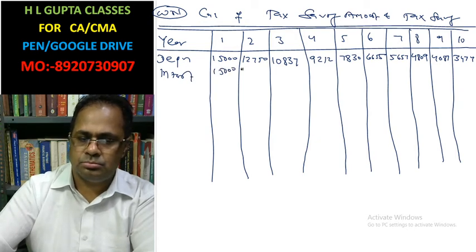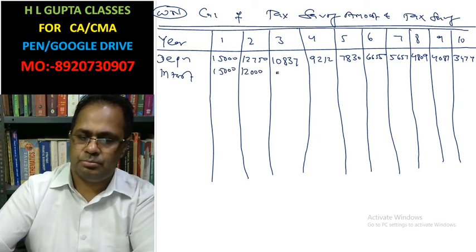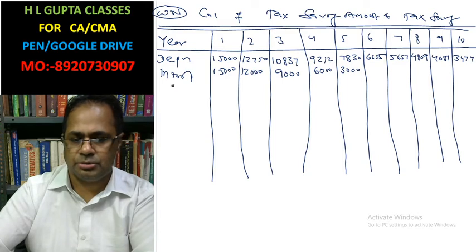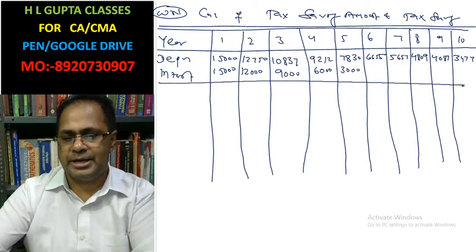Interest 15,000, 12,000, 9,000, 6,000, 3,000. This is the tax saving amount.